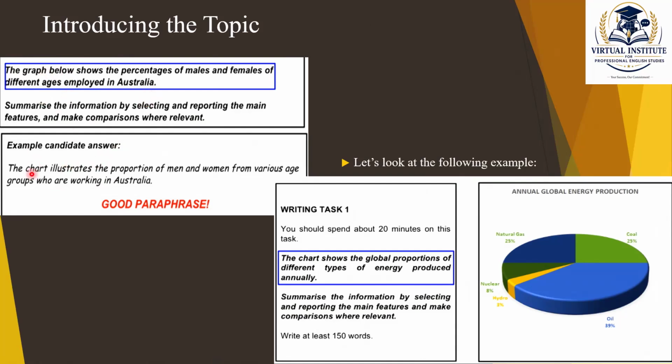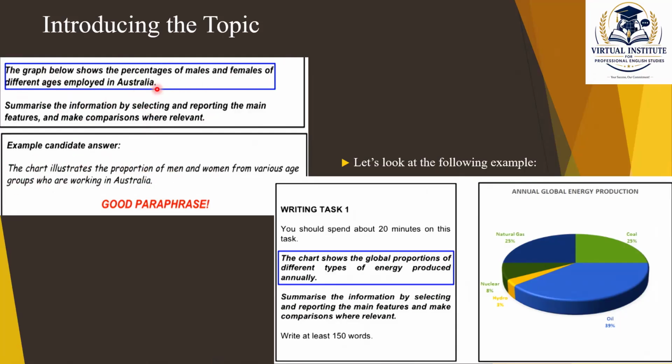Graph and chart, both of them are the same things. Shows and illustrates. Percentages and proportion. Males and females, men and women. Different ages, various age groups. Employed, working. Is it clear? This is how you introduce your topic.